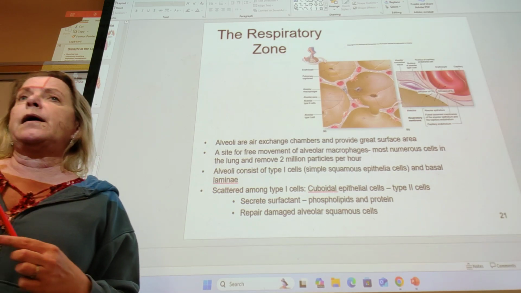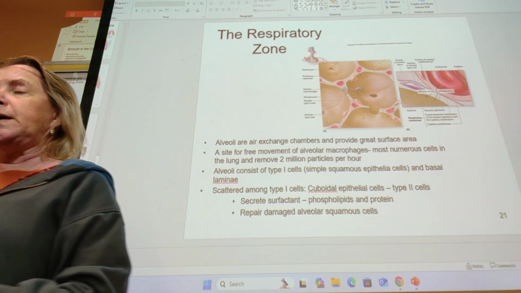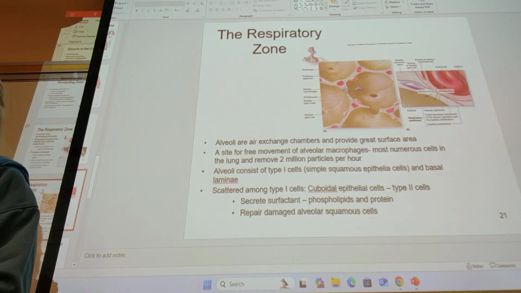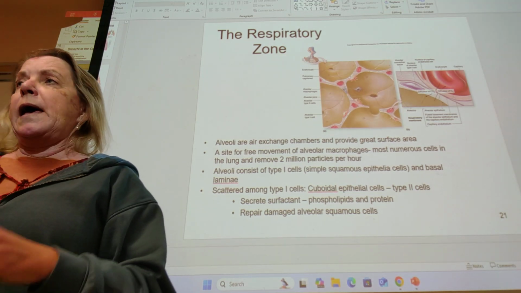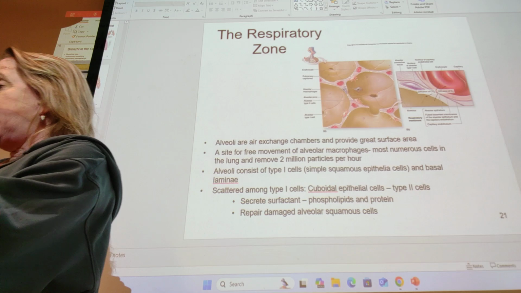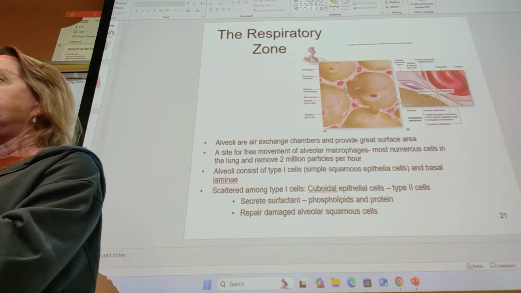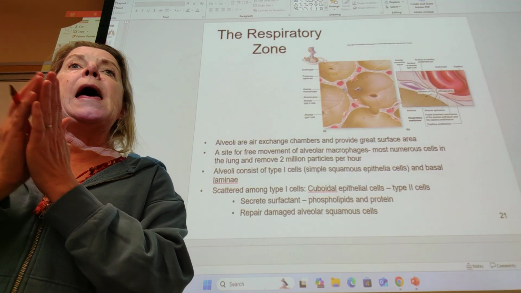And these 3 layers are going to sound very similar to our filtration membrane, where we had epithelium, a basement membrane or basal lamina, and then we had endothelium.